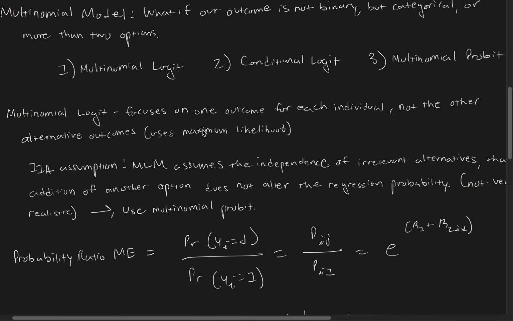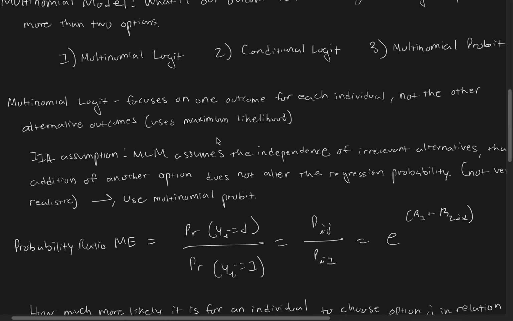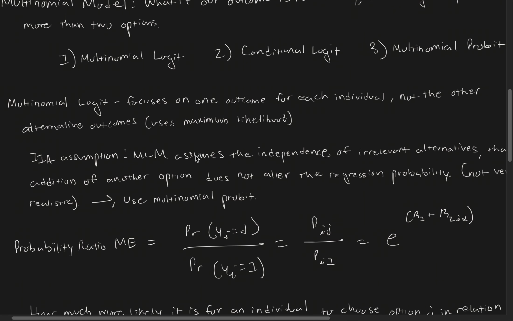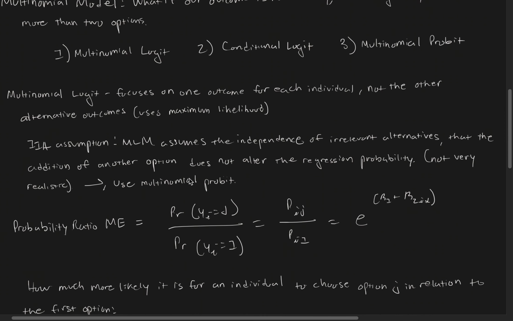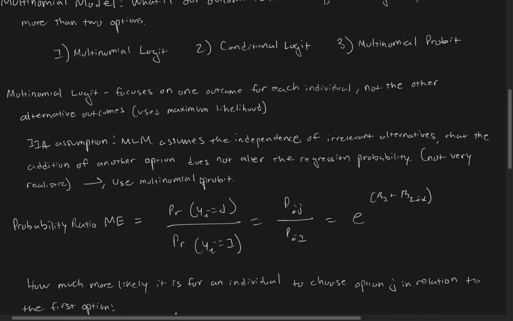So the multinomial logit will use maximum likelihood, just like the probit model and the Logit model. It has what we call the independence of irrelevant alternatives assumption, the IIA assumption, which is a very unrealistic assumption because it makes a restriction that adding another option does not change the probability that we're focused on.